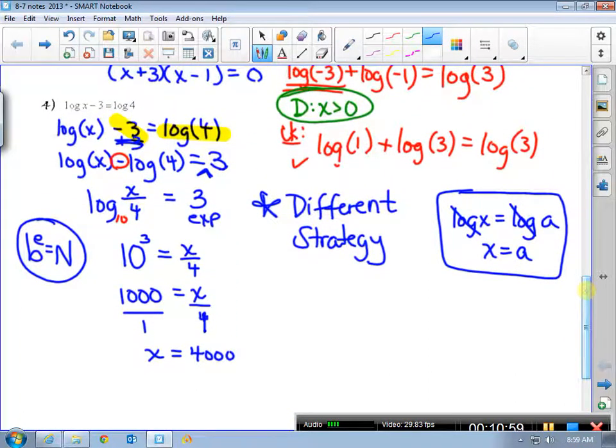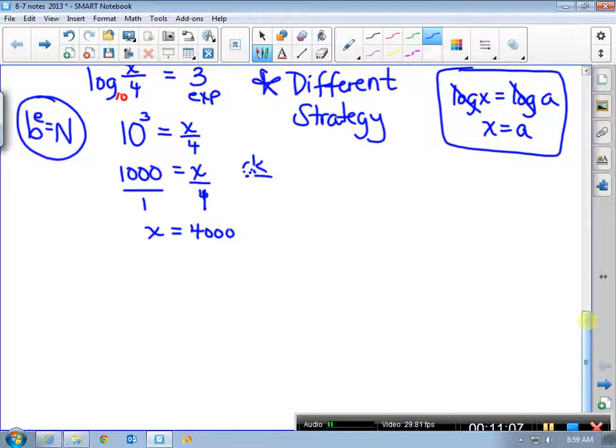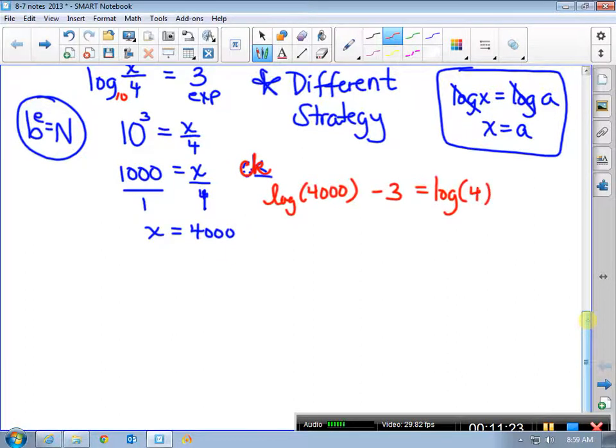Let's check that. My darn smartboard is falling apart. Log of 4,000, and then we're going to close that parenthesis and subtract 3 and see if it equals the log of 4. So pause the video for a moment, grab your calculator, let's really do a check here.